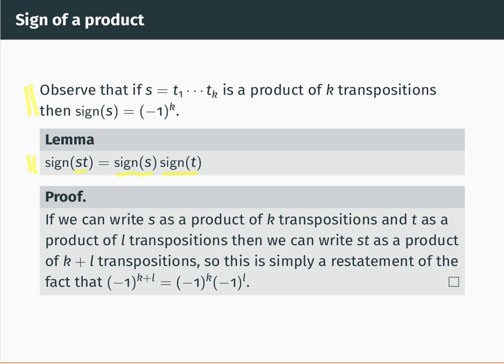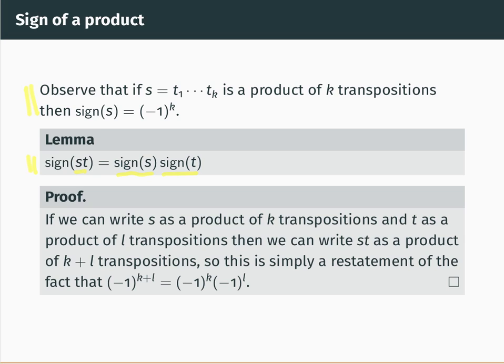But the proof is really just easy, because if you can write S as a product of k transpositions and t as a product of L transpositions, then you can write st as a product of k plus L transpositions, just by writing those transpositions which equaled S and the transpositions which equaled t side by side. That gives you an expression for S composed with t using k plus L transpositions.